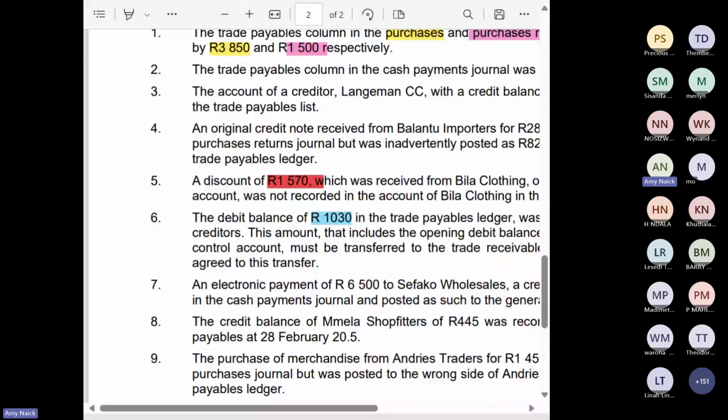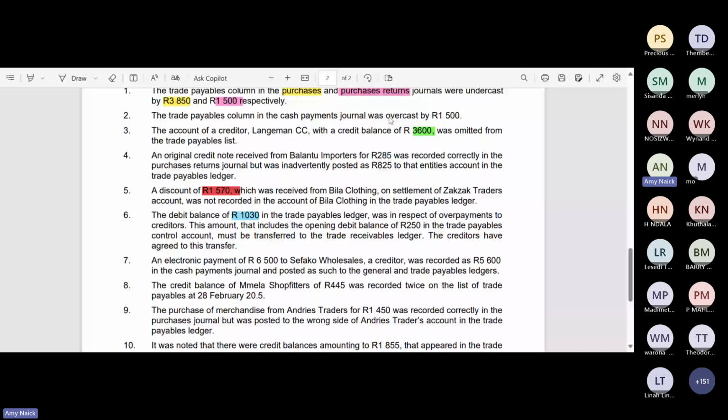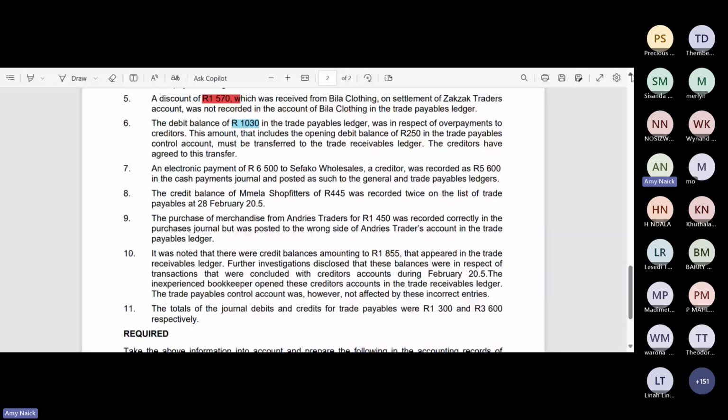If we go back to the question, we're now looking at transaction 6. Transaction 6 says the debit balance of 1,030 rands in the trade payables ledger was in respect of overpayments to creditors. This amount, which includes the opening debit balance of 250 rands in the trade payables control account, must be transferred to the receivables ledger. The creditors have agreed to this transaction. Effectively, there was an overpayment to a creditor.